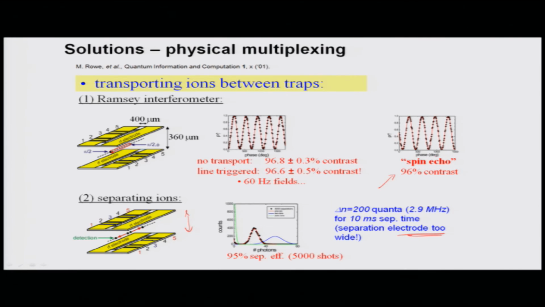So, it is important to realize that these are the processes that have been utilized over the years to see if this concept of multiplexing the ion traps and their conditions can be improved.